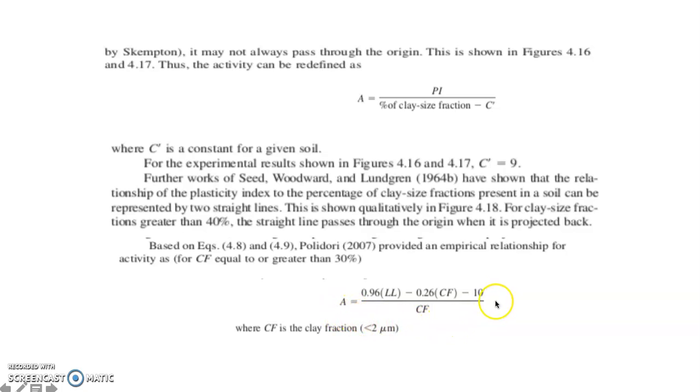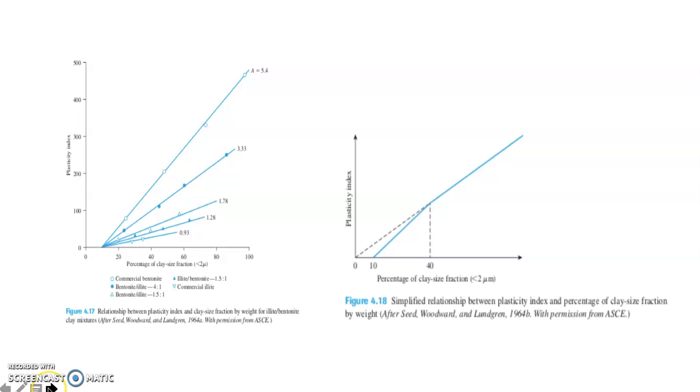So he has obtained this expression wherein CF is the clay fraction, which should be smaller than 2 micrometers. So we have here the relationship between plasticity index and clay fraction by weight for bentonite clay mixtures, and a simplified relationship between plasticity index and the percentage of clay fraction by weight. So you have plotted here the percentage of clay size fraction and the plasticity index.